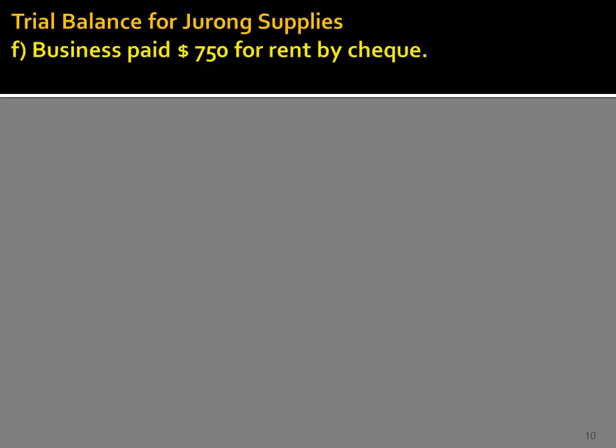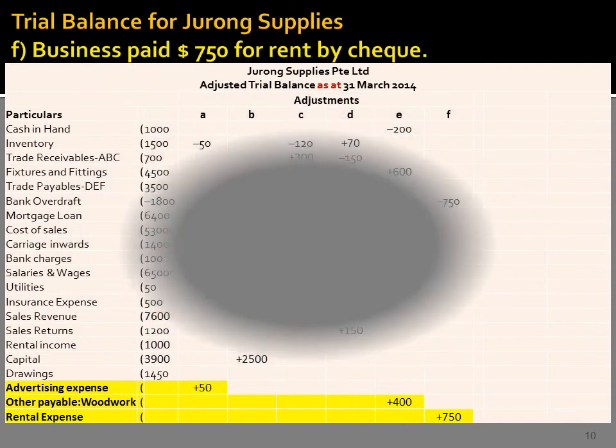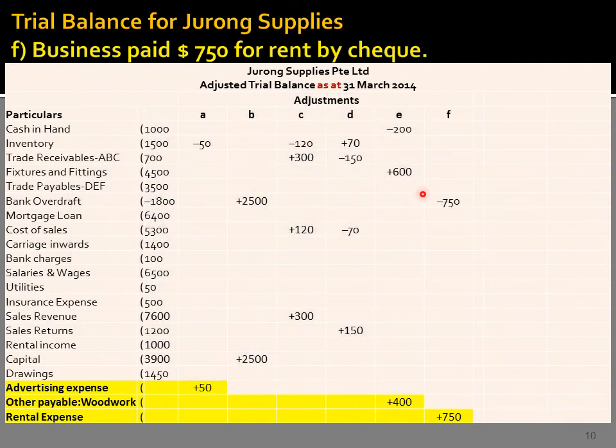The final adjustment given in this question is a payment for rent by check. In adjustment F, we can see that since the check is used to pay the rent, the amount of money in the bank account will decrease by $750. The other effect is a rental expense account.